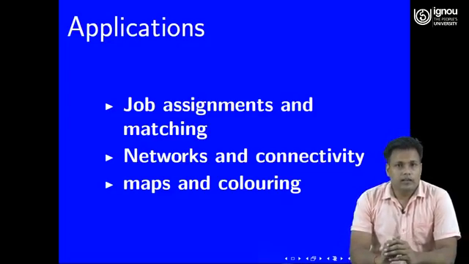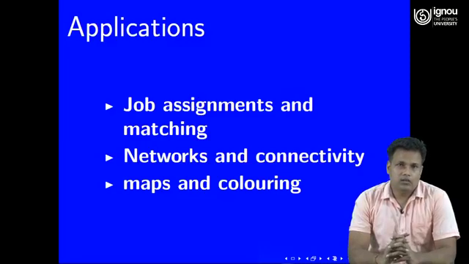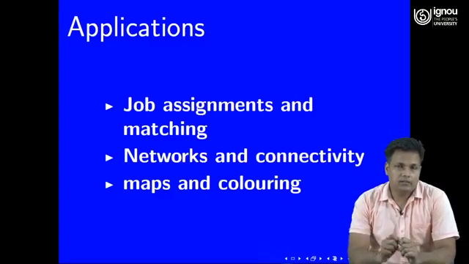The next problem is networks and connectivity. Consider you have a communications network, or it could be a social network as well, and you are interested in finding the weakest points in the network, that means the points which are vulnerable to network disruptions.